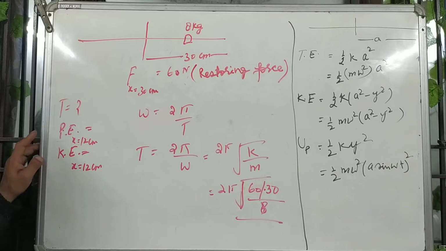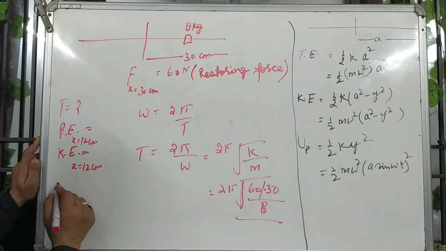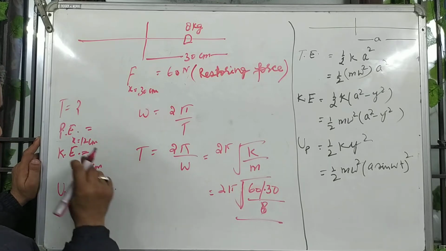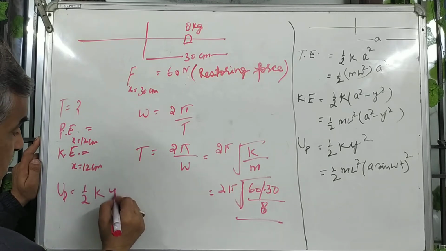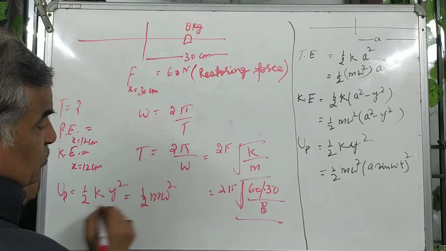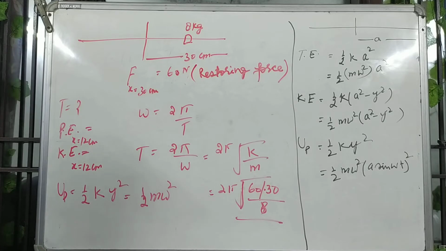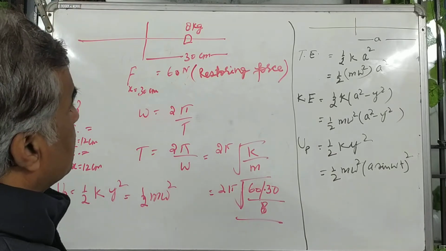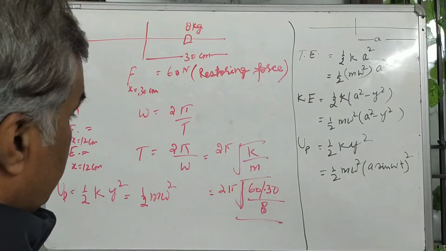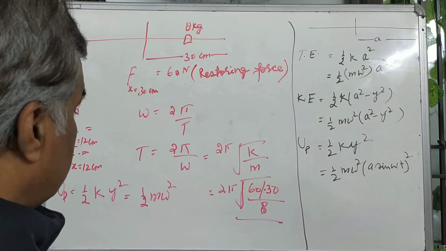Potential energy at 12 centimeter is half k y square, and that is half m omega square y square. Omega is known to you, 2 pi by T, since you have got the time period.